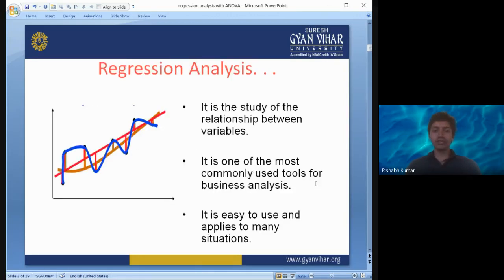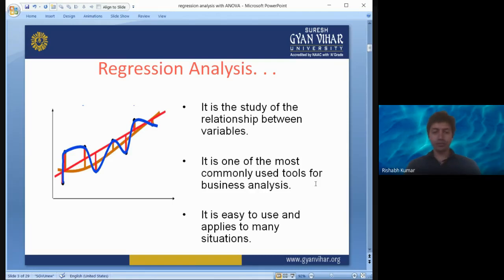So it is the study of relationship between variables, like that of correlation. Correlation was also the study of relationship between the variables. Similarly, regression is also a study of the relationship between the variables.